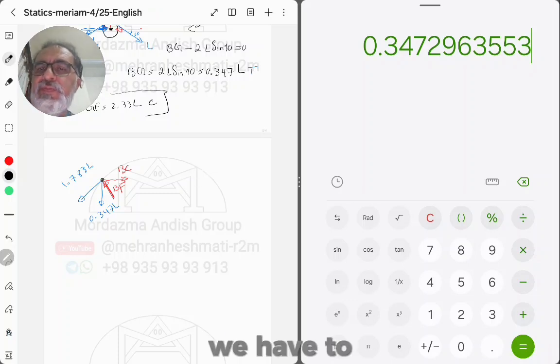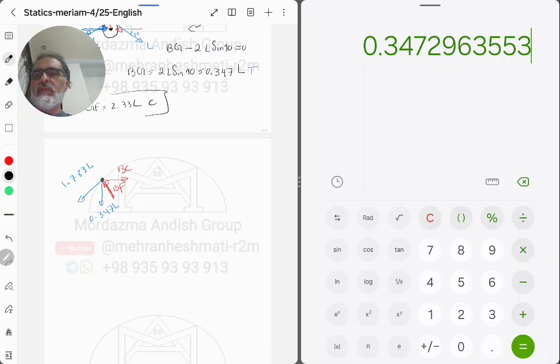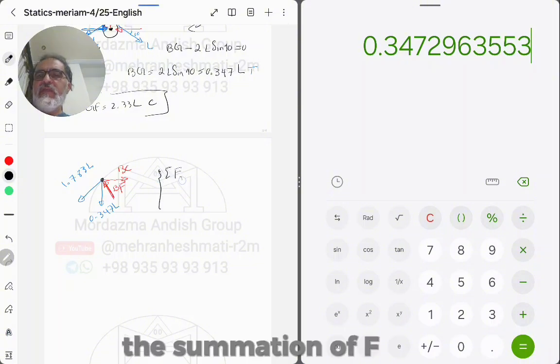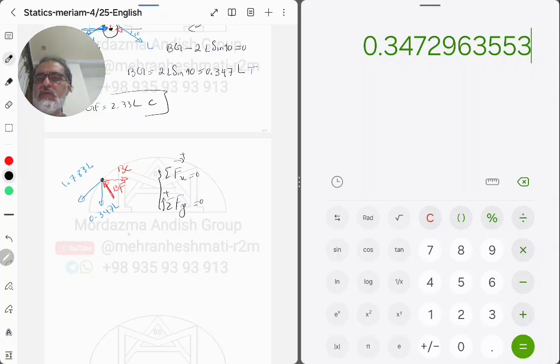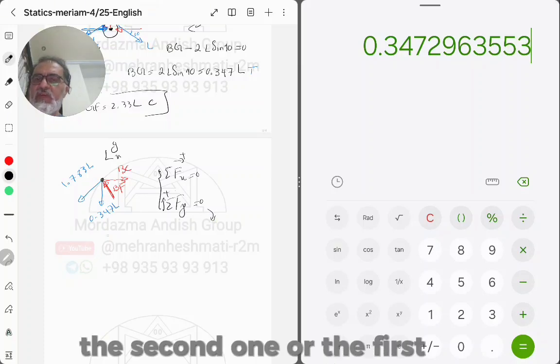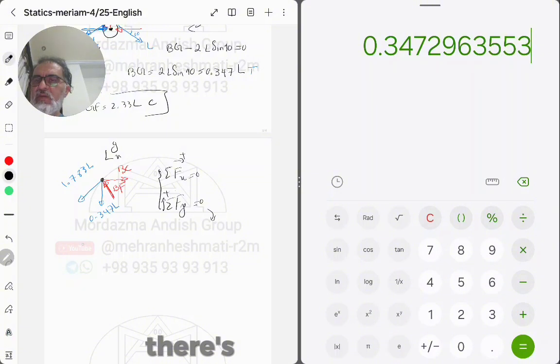We have the summation of F of x, the summation of F of y is equal to 0, x and y. So the second one or the first one, there is no difference.